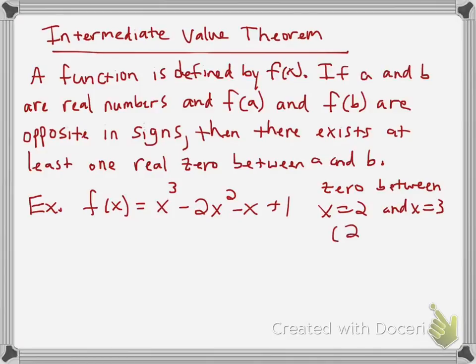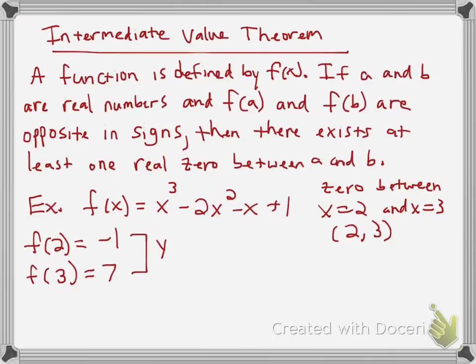I could have written this as the interval 2, 3. Not including 2, not including 3. So all you're going to do is evaluate f of 2, you end up getting negative 1. You're going to evaluate f of 3, and you're going to get positive 7. Now you can see the y values change signs. A zero exists. That's it.